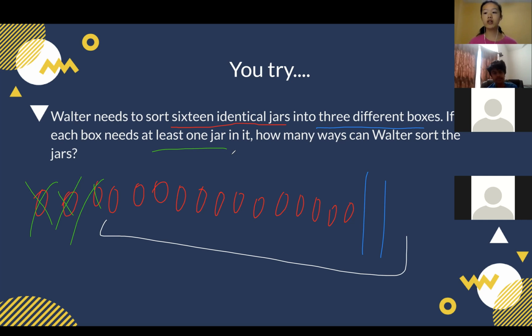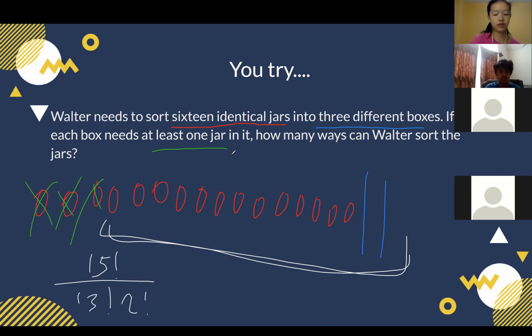Then we just need to find the total number of arrangements of these objects, which is the number of ways we can sort these 16 jars into 3 boxes. So we do 15 factorial, because there are 15 objects, divided by 13 factorial times 2 factorial. We divide by 13 factorial because there are 13 jars, and if you think of them as letters, they are repeating letters. Then we divide by 2 factorial because of the 2 sticks. So that would be 15 choose 2, which is 105.